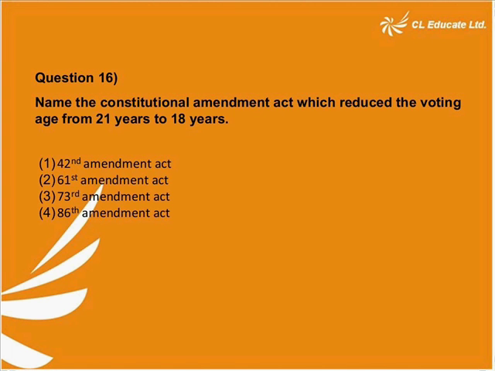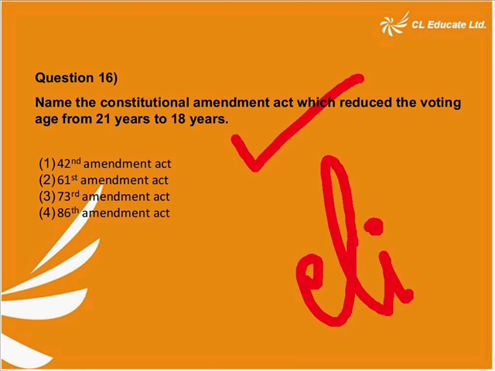The correct answer is the 61st, that is option B. All the rest can be eliminated because they are very common, most of the famous amendments. So the 61st was the choice which could be found by elimination.